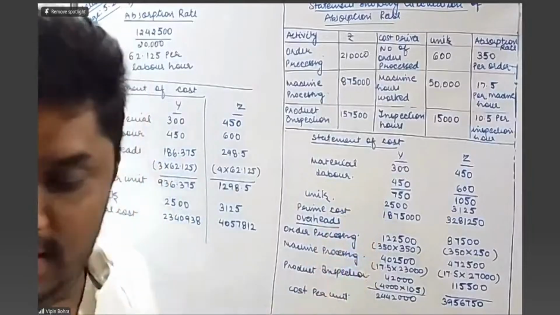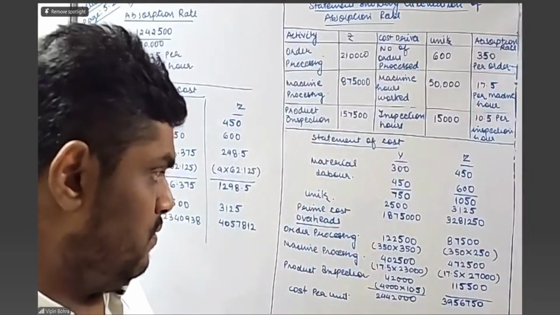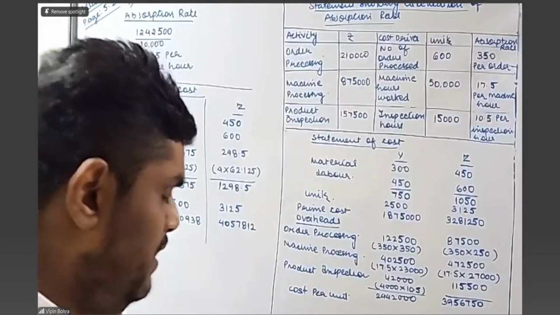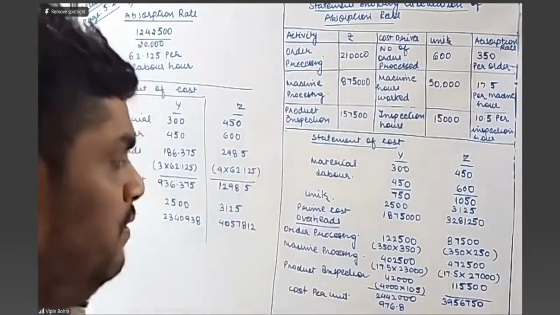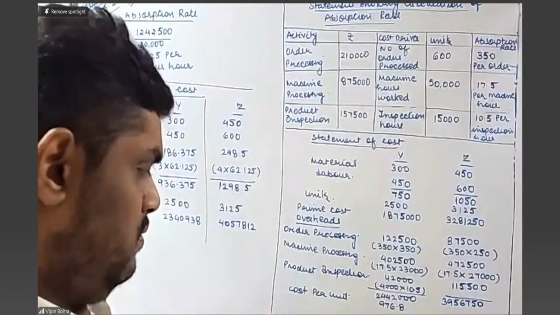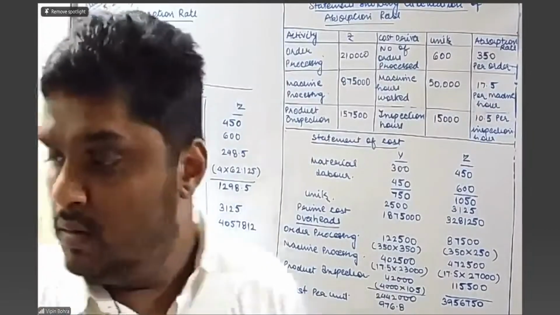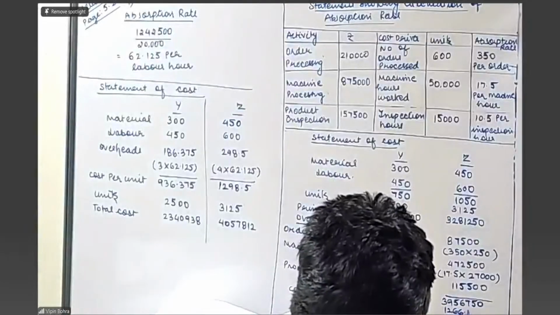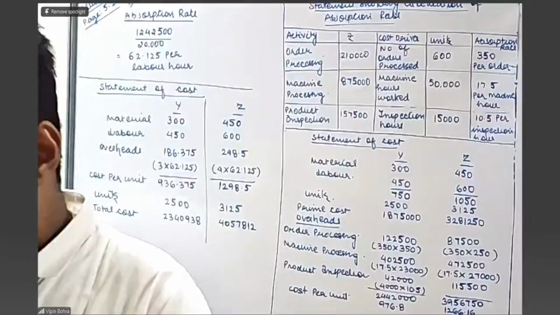These are my units. 976.8 is my cost per unit. Very good, Shamli. Your answers are correct.